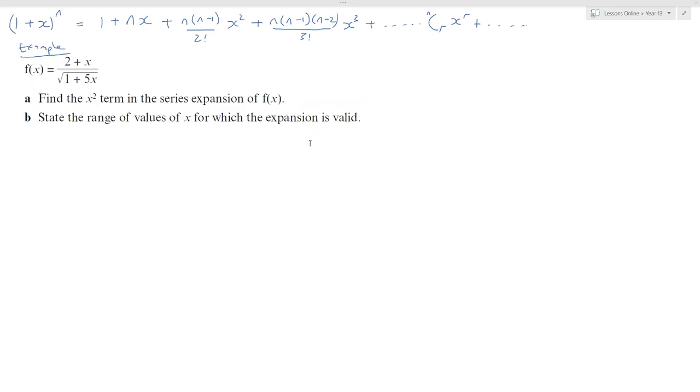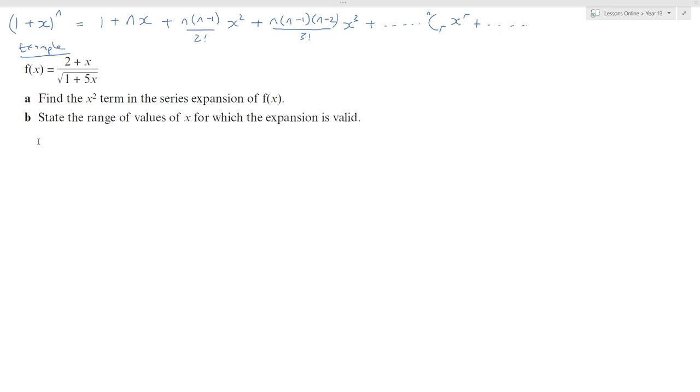Right, for this example, we've got f of x equals 2 plus x over the square root of 1 plus 5x. Find the x squared term, and then state the range for which the expansion is valid. So we've got to expand it and find the x squared term.